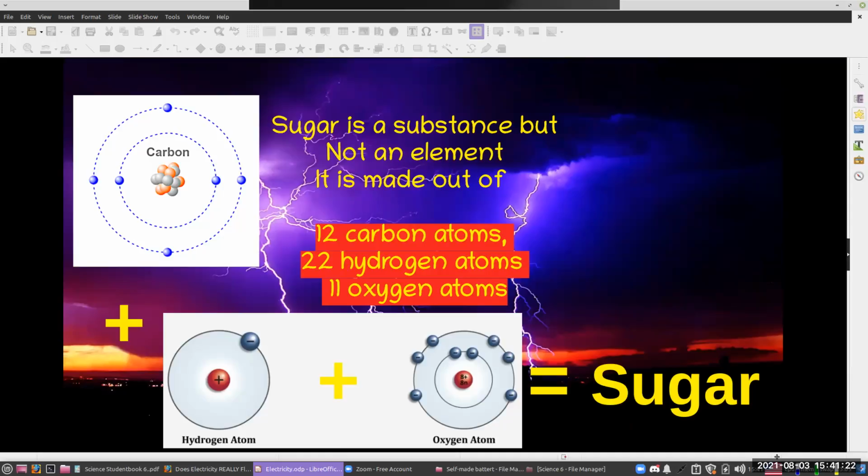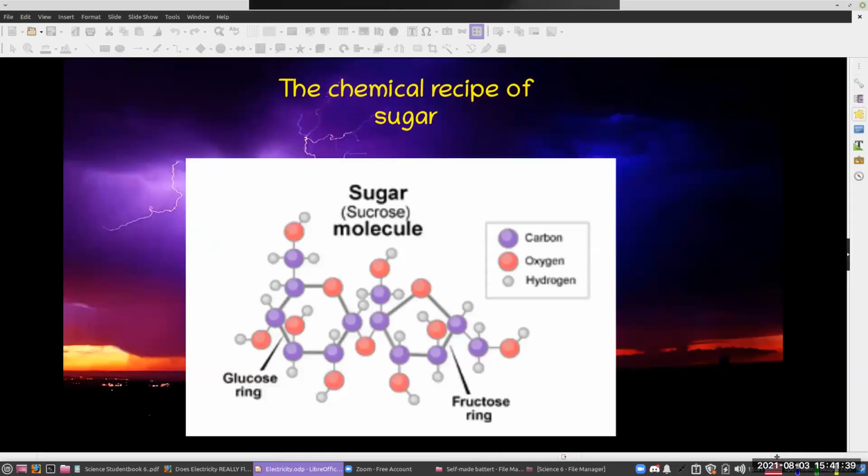So 12 carbon atoms. Carbon, as an example, if you have pure carbon, we cannot eat it. Hydrogen, you make boom, and oxygen, you anyway breathe. So all together gives sugar. To understand, you see here, the chemical recipe of sugar is made out of different types of atoms.